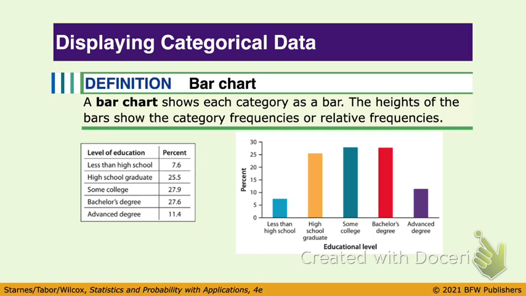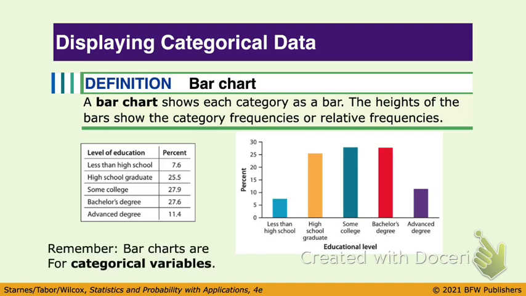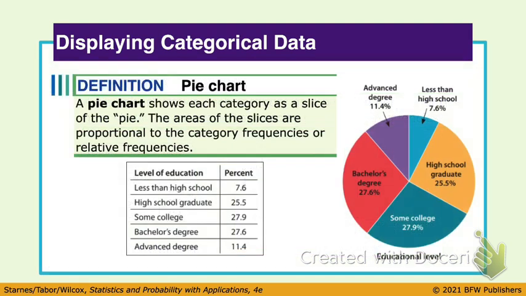But here's the thing. Do I have to put these bars in that order? Couldn't I put them in the other order if I wanted to? Couldn't I put them in alphabetical order if I just wanted to? I could, okay? Pie graph. There's a pie graph right there. What do pie graphs need to add up to if you're using a percentage? 100%.